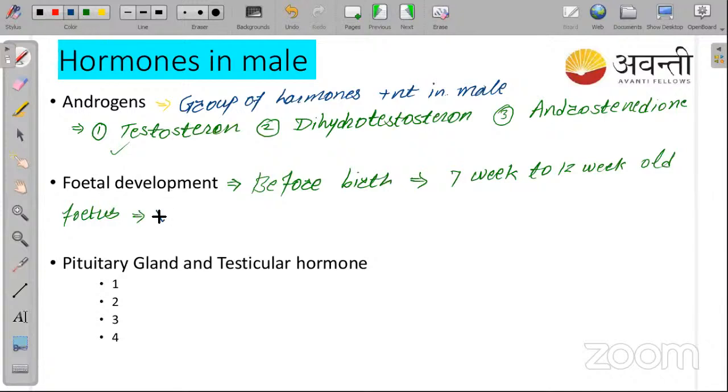You already know the XY chromosome is responsible for the development of a male child, or male fetus. This Y chromosome is responsible for the signaling. The Y chromosome gives the signal, and due to this signal, testosterone hormone is secreted in the fetus.